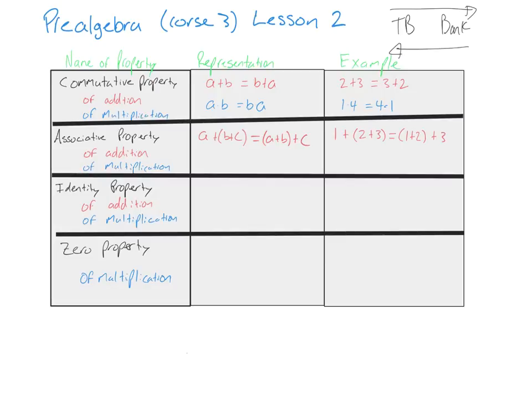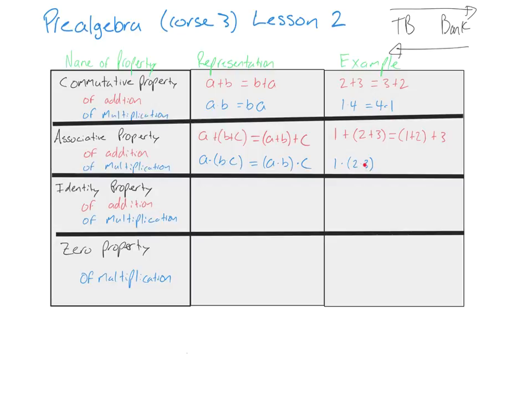With multiplication, it's kind of the same idea, except with multiplication signs instead of addition signs. If you say A times B times C, that's the same thing as saying A times B times C with the grouping changed. With some numbers, 1 times 2 times 3.